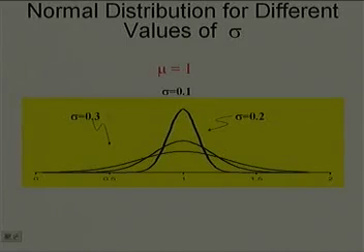You can find the spread from the sigma value. So, the steeper the curve is, it has got the lowest value of standard deviation, whereas if you find that the spread is wide, you can understand that the variance is quite high.